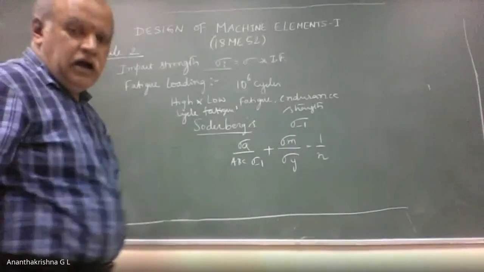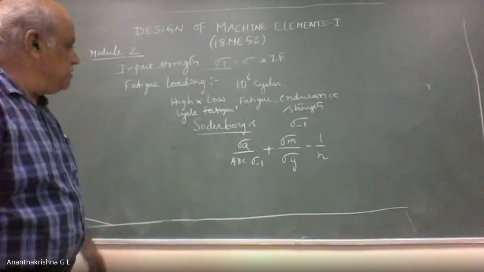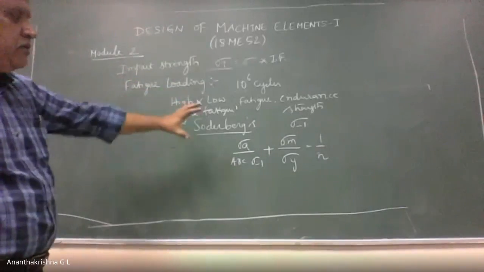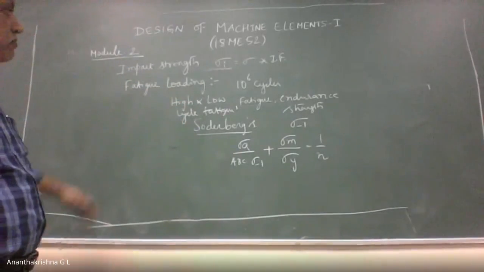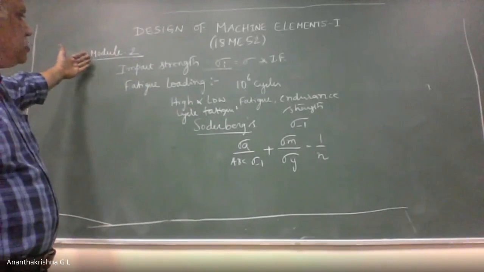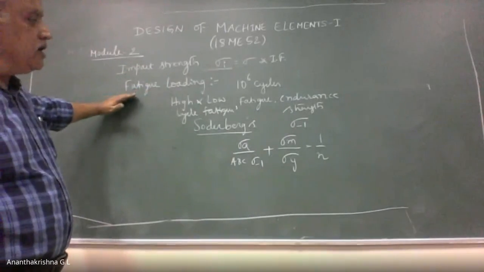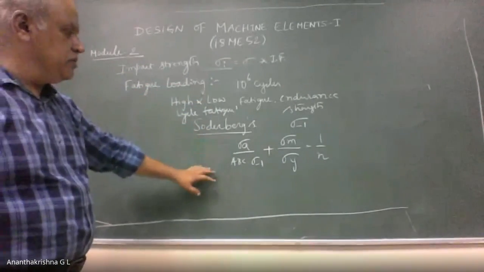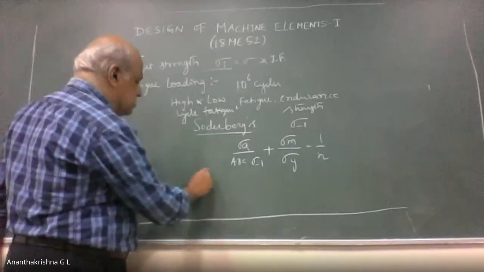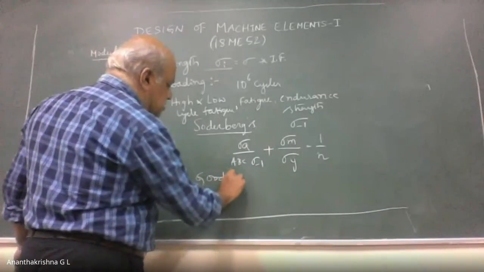Yes, sir. Now I'll give you 5 minutes. Please note down whatever is on the board. Under module 2, we have impact strength and fatigue loading, design for fatigue loading, and note down the Soderberg relation. We are also going to learn about Goodman's relation.